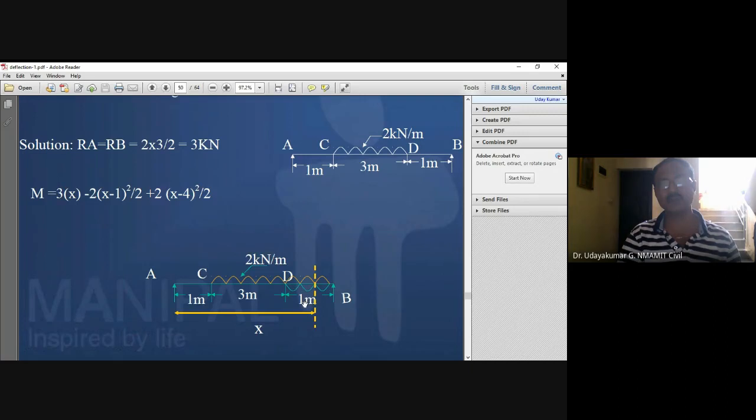And load acting upward causing positive bending moment, so same 2 into x minus 4 into x minus 4 by 2, this distance is x minus 4. So 2 into x minus 4 whole squared by 2, and proceed. So maybe in the GATE question paper, you may be given a particular problem like that and may be asked to write the equation.